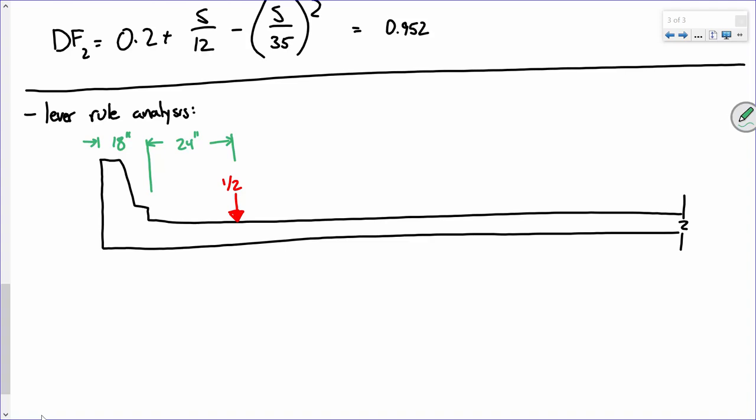So another 6 feet, which is 72 inches, and I've got 1/2. Make sense?